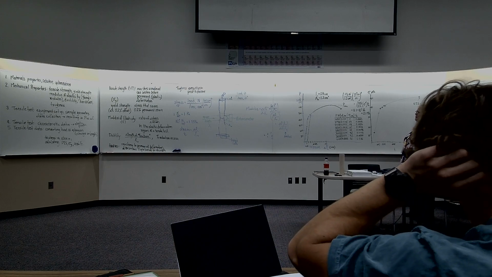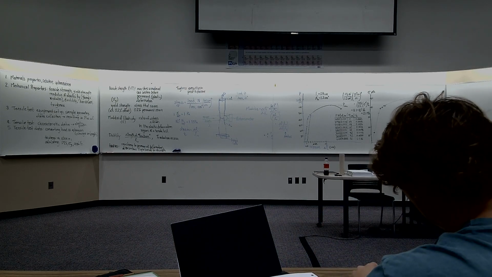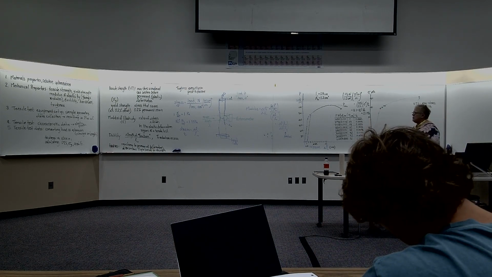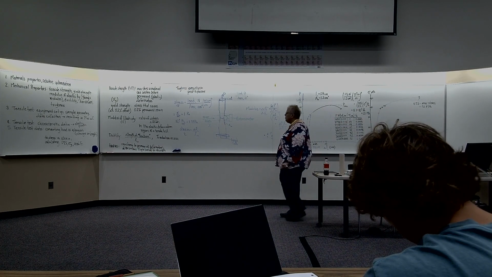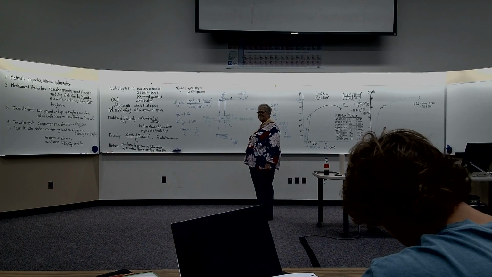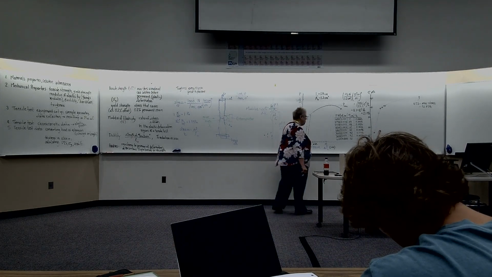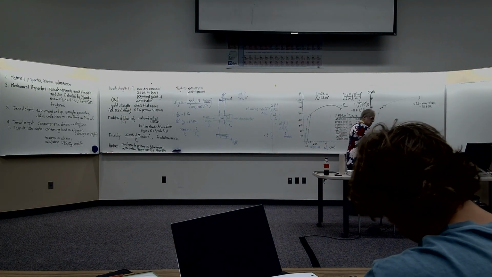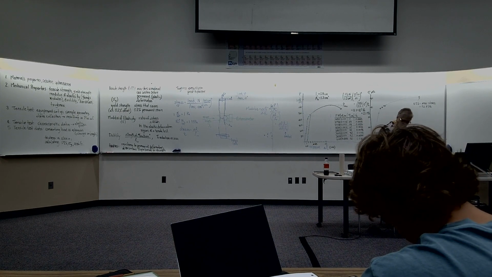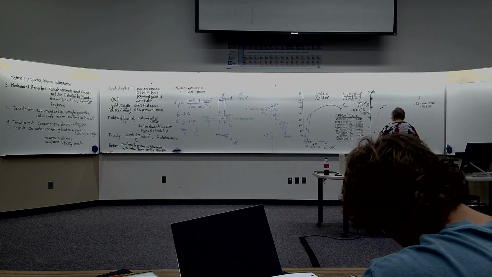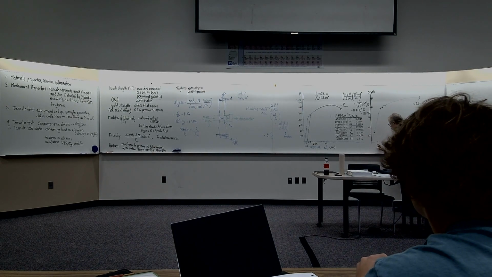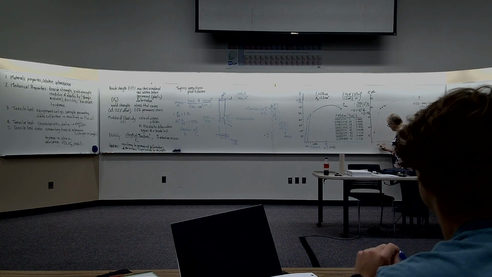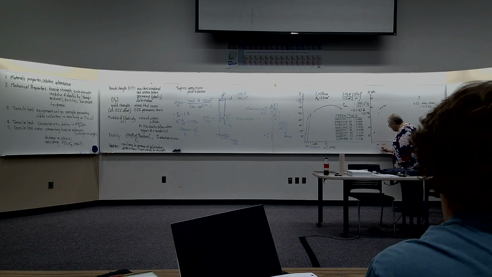And so I said yield strength was the stress at the 0.2% offset strain. So how to get that is you go to, on the strain axis, 0.002, because 0.002 is equal to 0.2%.